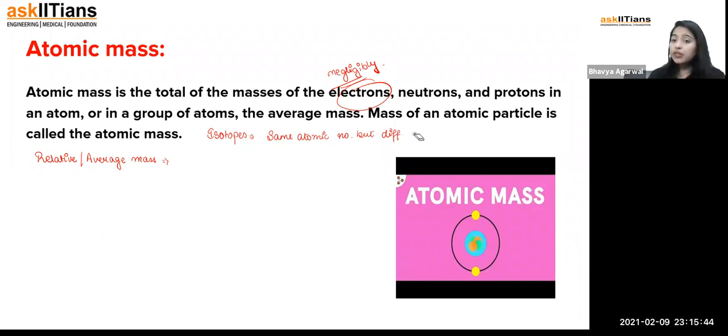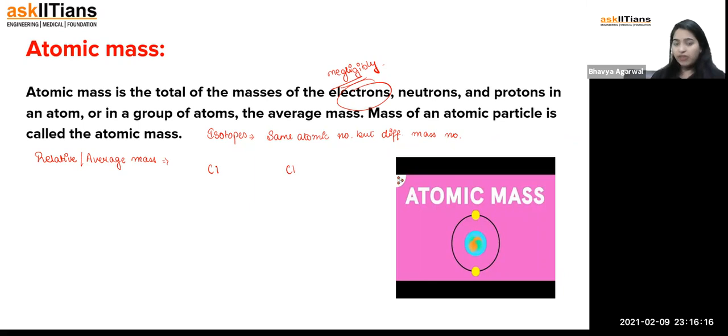Now, when I talk about the difference in mass numbers, what problem does it create? It creates a problem with the relative availability of an element. If I talk about chlorine, chlorine is present in two isotopic forms.